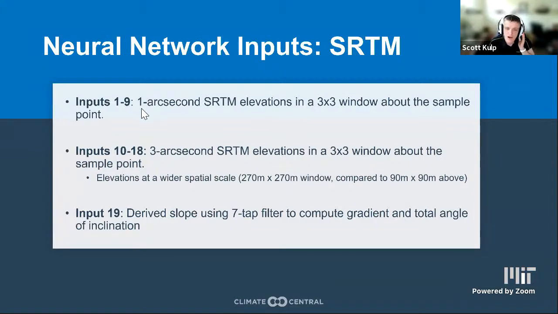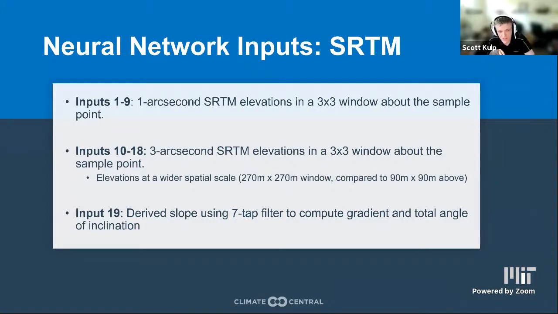Here, what we're feeding in is, given an input pixel from SRTM, what is the error at that pixel? So the first 9 inputs into the neural network are essentially a 3x3 window about that target point.